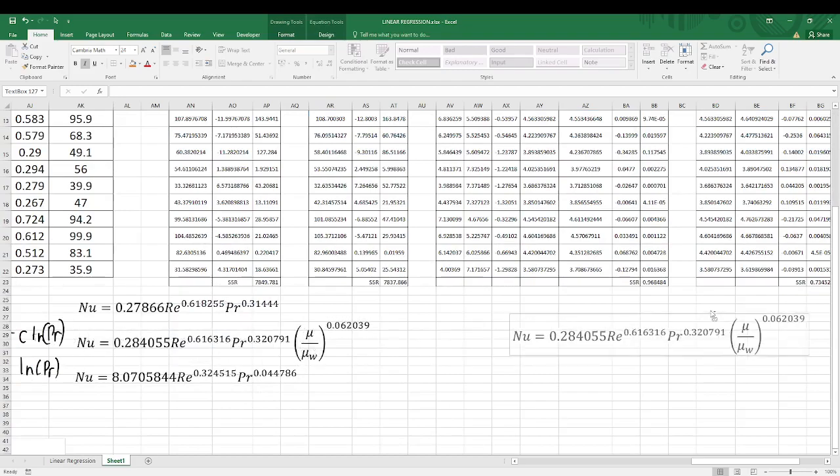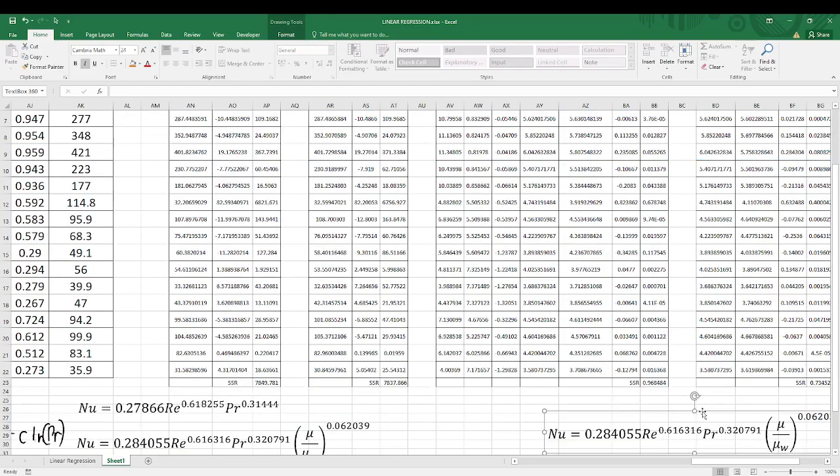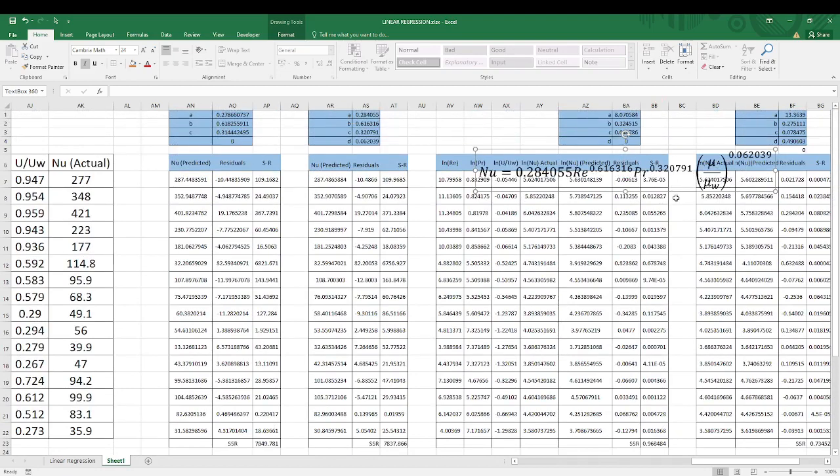Then for the second equation, that is 13.3639. Then 0.275111. Then for C, we have 0.078475.